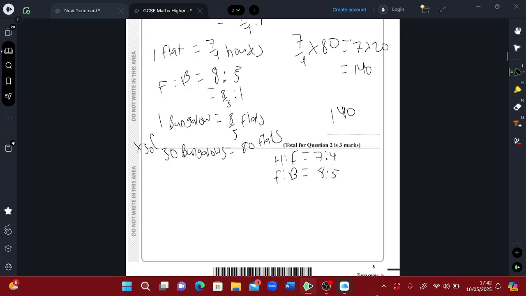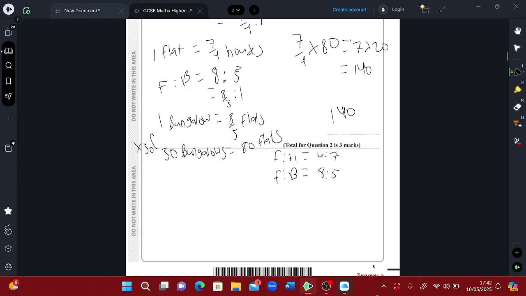In this case, F or flats is in both of them. So what we need to do is to ensure that flats is the same number on both of them. But actually, this might be easy because if we rewrite this as flats to houses to make it clearer, which means we flip the sides, so now it's 4 to 7.